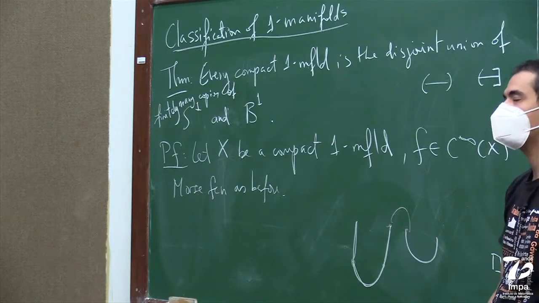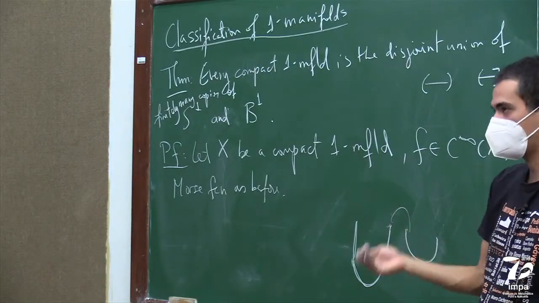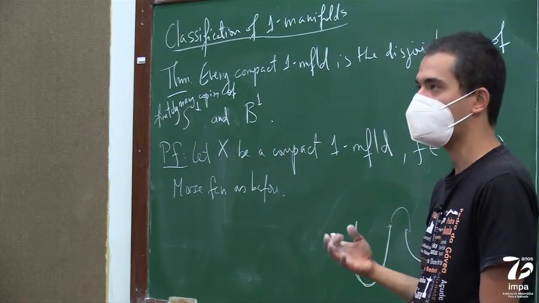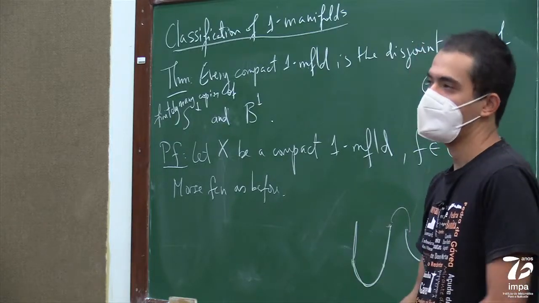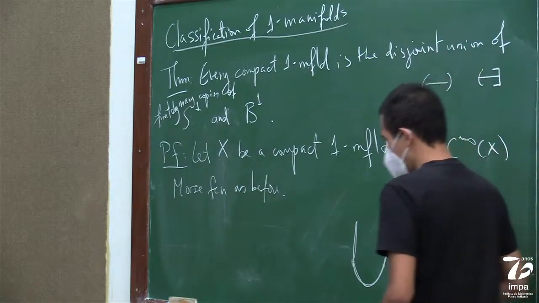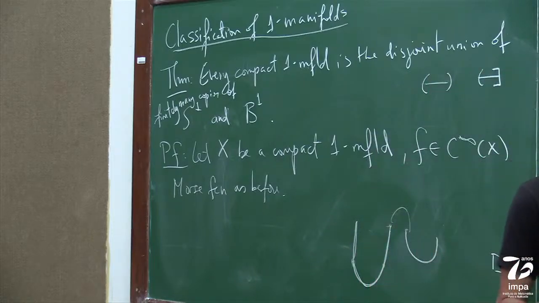And it has to be countable because the manifold is second countable. So if the manifold is disconnected, then it has to have a countable number of connected components. But anyway, I don't want to classify non-compact things. It can be a bigger mess, especially for surfaces already. I'm not going to tell the classification of non-compact surfaces because it can be a lot messier.